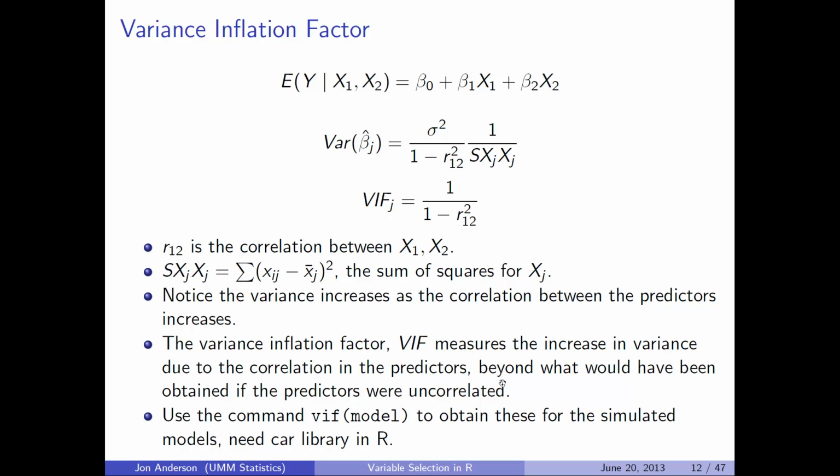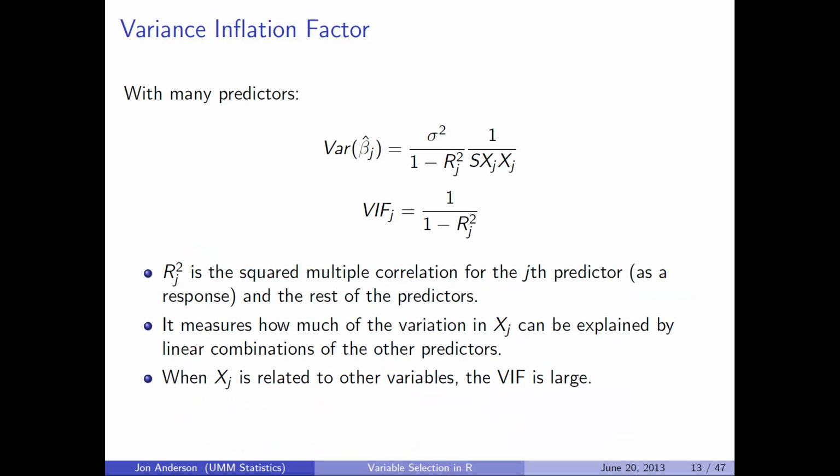It's a multiple of how much additional variance is being produced because of the intercorrelation. It gives you a way to identify how much variation is coming from correlation in the predictors.